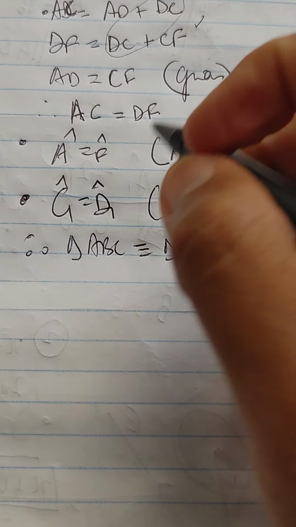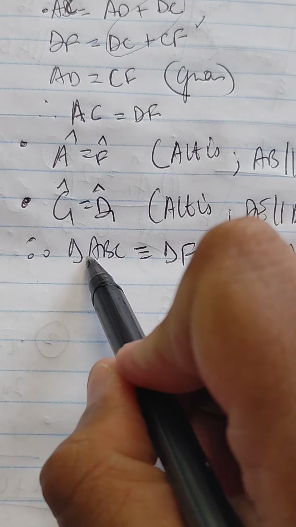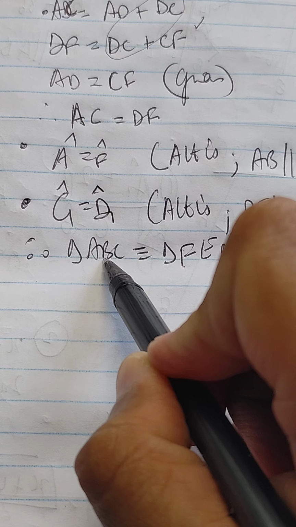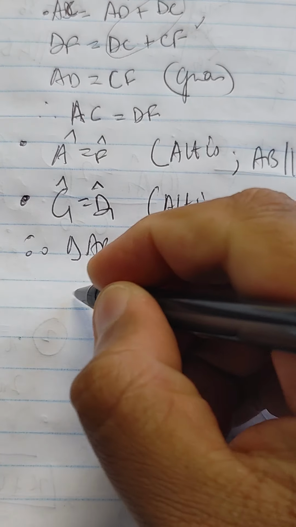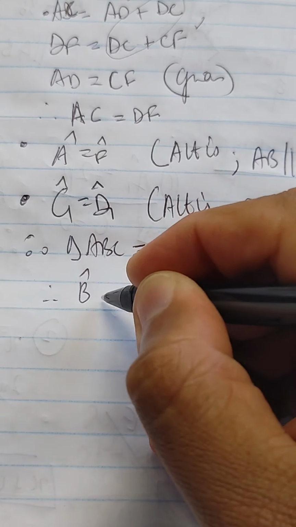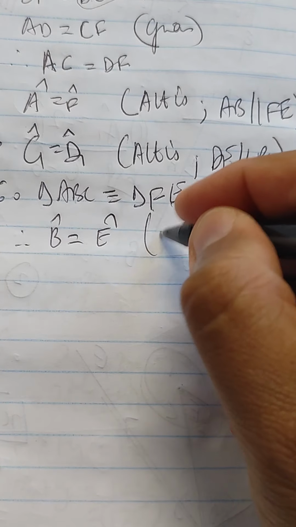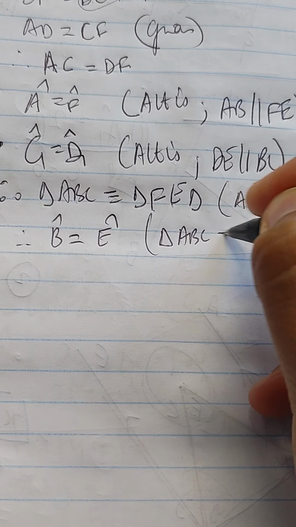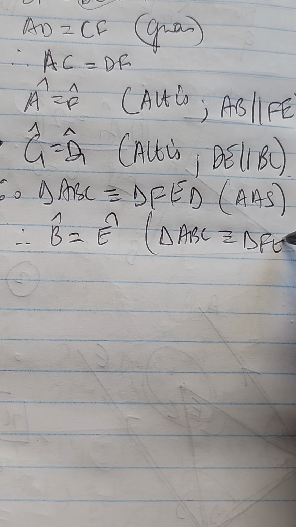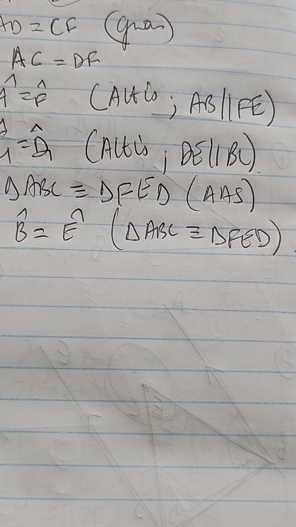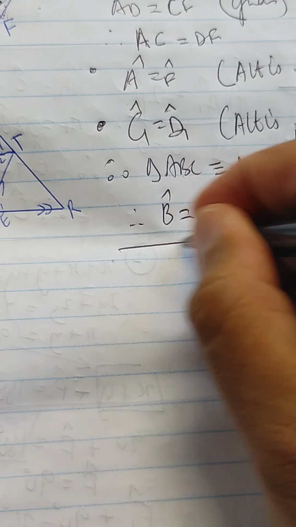So why is order important here? Because then we can say that angle A is equal to angle F, which we knew already. Angle B is equal to angle E. That's what they want. So, therefore, angle B is equal to angle E. And what's your reason here? That triangle ABC is congruent to triangle FED. There we have just proven what they wanted from us.